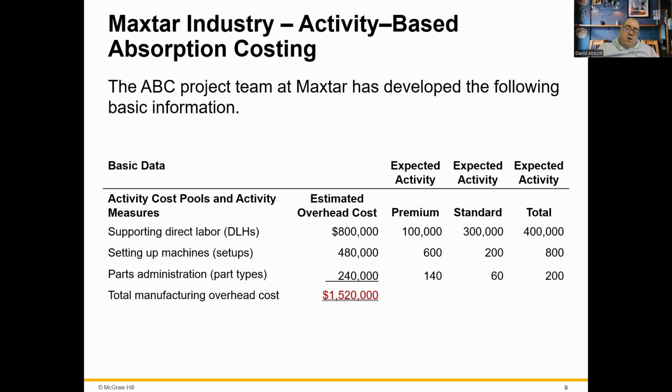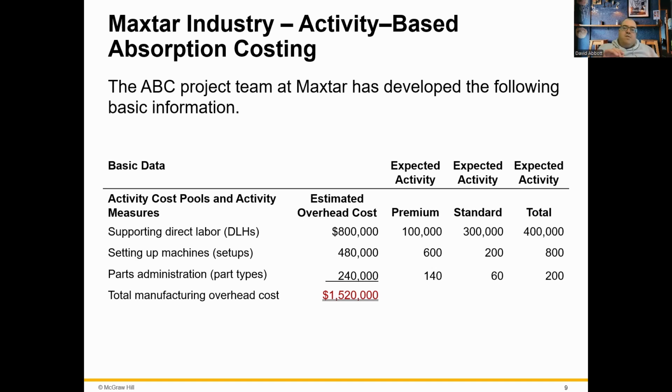So for Maxtar Industries, this would be the activity-based absorption costing, or activity-based costing. So if they're going to do it, they're going to break it down. They still have $1,520,000 of manufacturing overhead costs that they assign, but they're going to break that down into each activity.